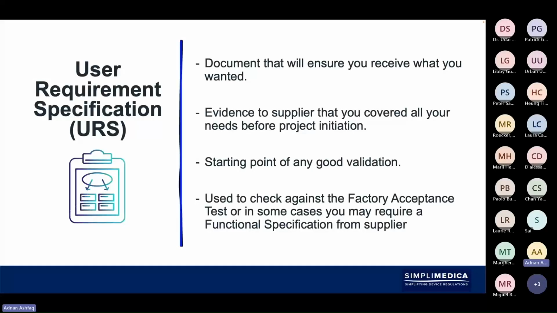It's always a starting point of good validation, and it also gives you the opportunity to ensure that when you're doing your factory acceptance testing, you have some form of functional specification which begins with the user requirement specification, which goes to the supplier, and the supplier would then respond back saying that you've asked for the following things and we will supply you this in the following manner.